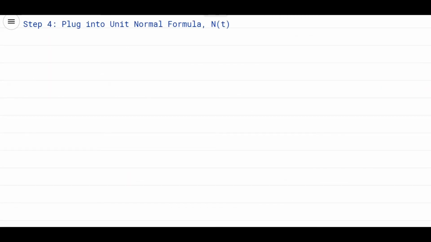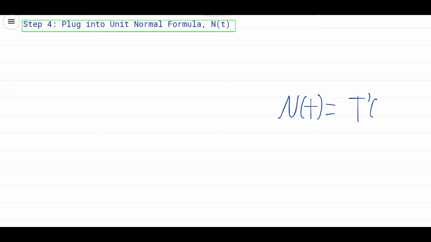So for step 4, what we're going to do is we're simply just going to plug into the unit normal formula. Again, the unit normal formula is the unit tangent vector derivative, T prime, divided by its magnitude. So again, what was capital T prime?